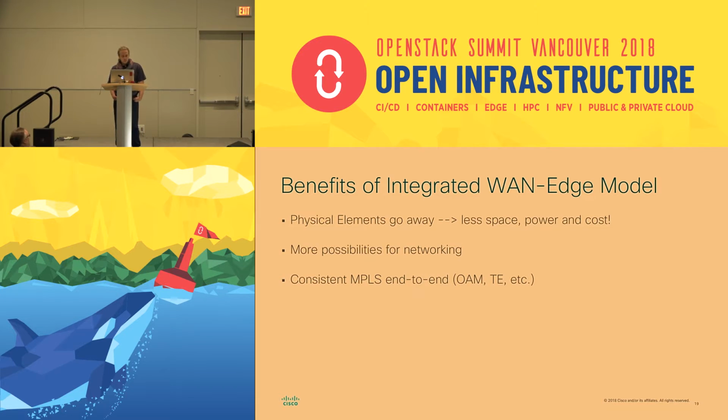And now that we have more of a holistic view of the MPLS environment, because we have it end-to-end, we can reintroduce things like OAM, for example, where we understand that from the VNF all the way through the service provider network to the other side, we can have one picture without having to go through different entities, different responsibilities, etc. And that is the same thing with traffic engineering, where we can have converged traffic engineering from your cloud through the service provider network to the other side.